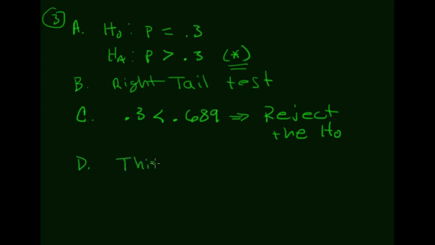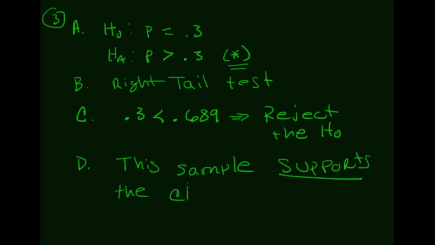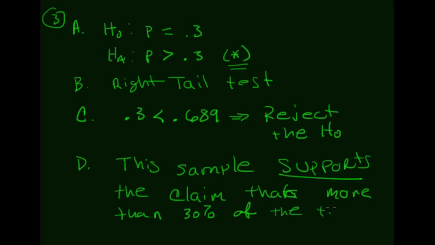So this sample actually does support the claim that more than 30%, not 0.3, but 30%, of the time the cafeteria serves squash.